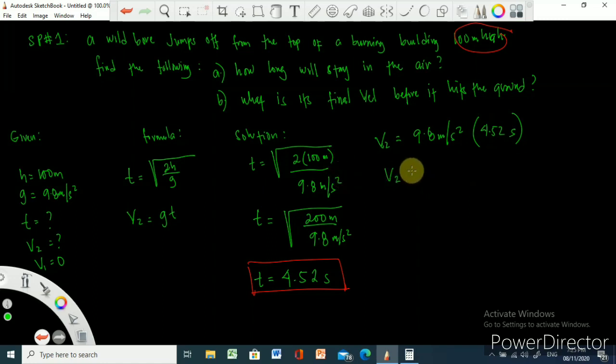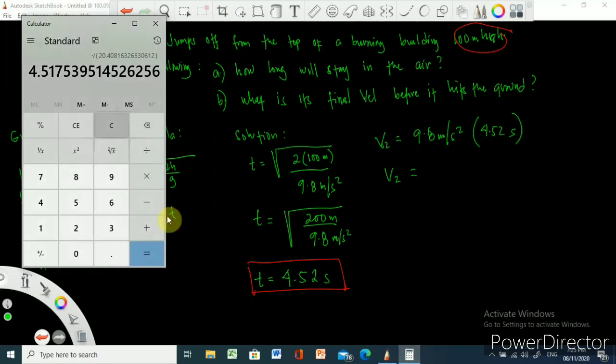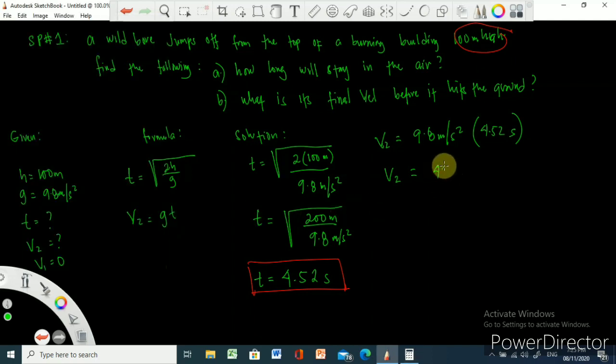And v2, final velocity, is equal to 9.8 times 4.52, which is 44.27 meter per second. Okay. So when it jumps off from the top of the burning building, it will stay in the air for around 4.52 seconds before it strikes the ground with a final velocity of 44.27 meter per second.